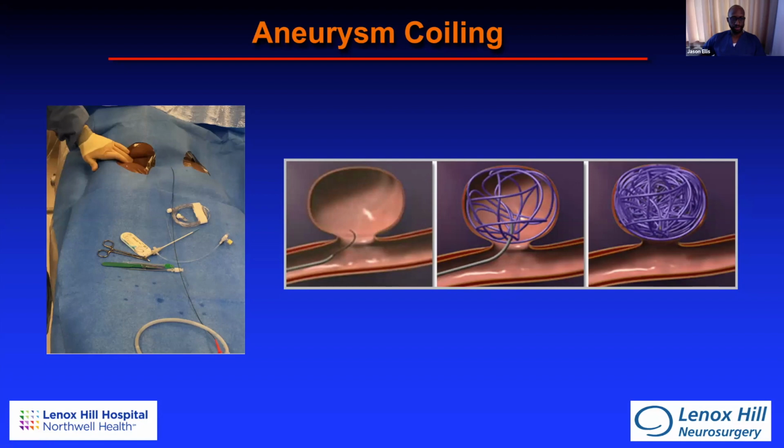There are some further details about how to select patients for one procedure versus the other. There will be additional lectures during the course of this series that I think will highlight how to do that.